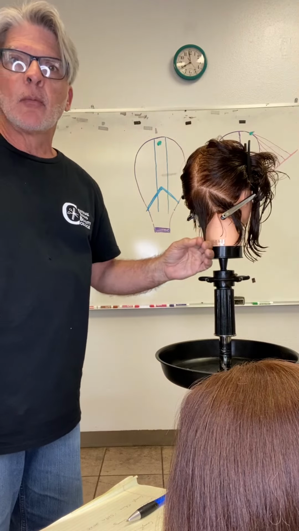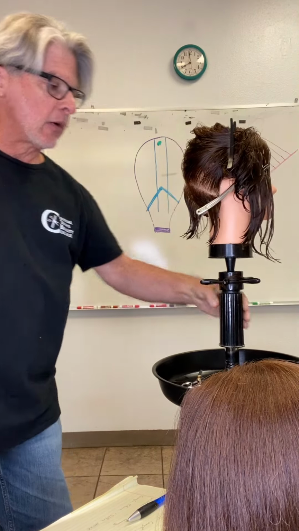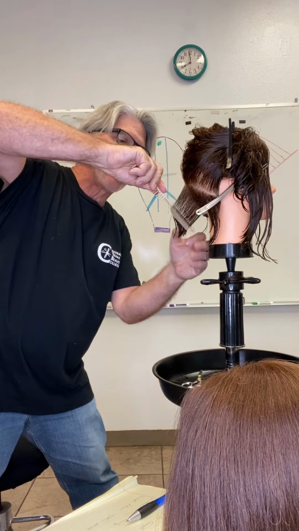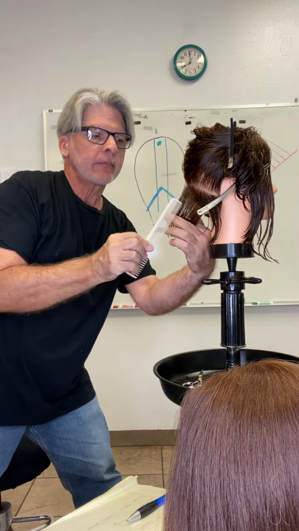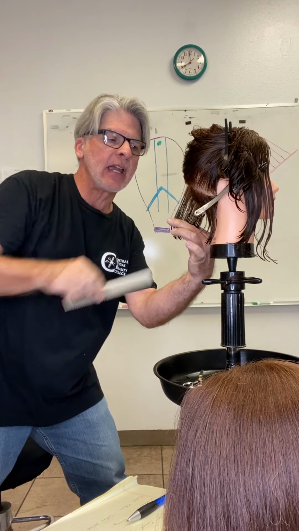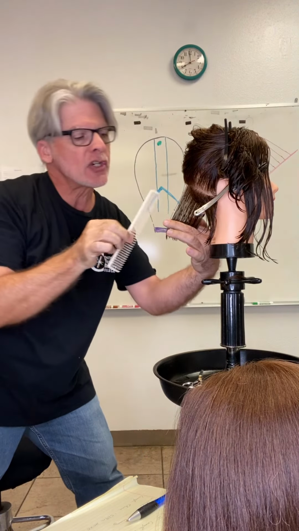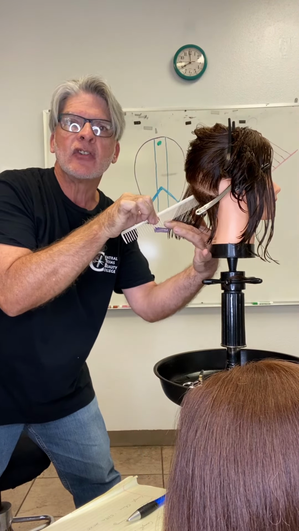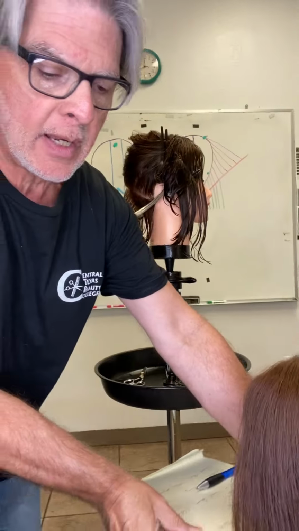So there I have a little vertical piece, okay? See that? Now I'm going to take that little vertical piece and I'm going to elevate it at 45 degrees. If my hair comes straight out of my head, I've got 90. Notice I've got a lower elevation than 90. Can you see that, guys? Also, get this out of the way.